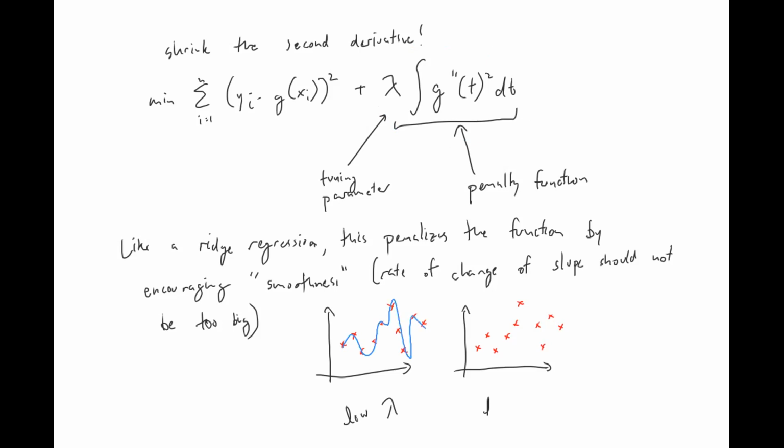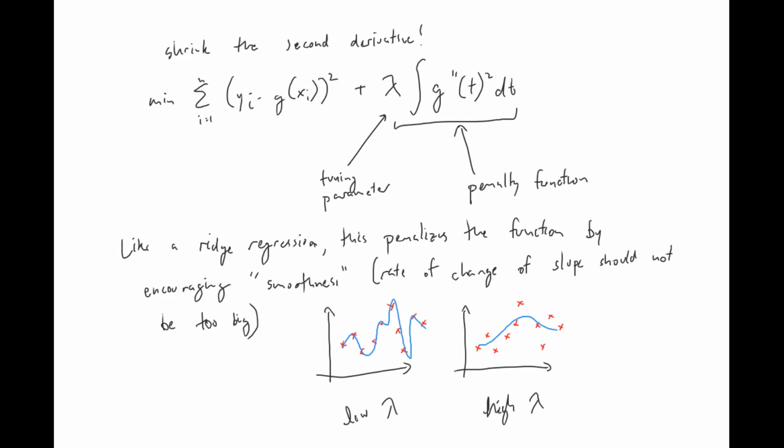And if you have a high lambda, essentially what happens is that the second derivative term, which is what allows your line to get really squiggly, is saying, well, the larger that term is, or in other words, the more you're allowed to rapidly change directions in your line, the larger your penalty ends up being.